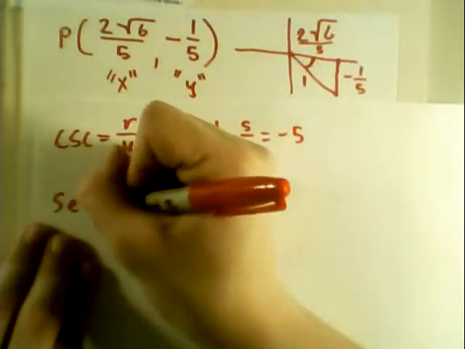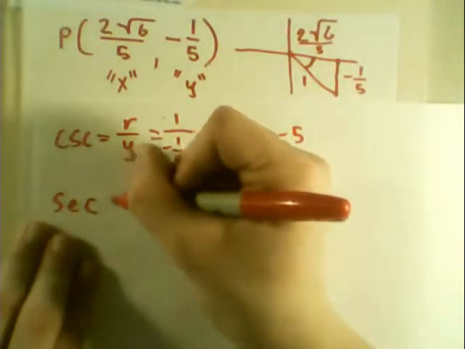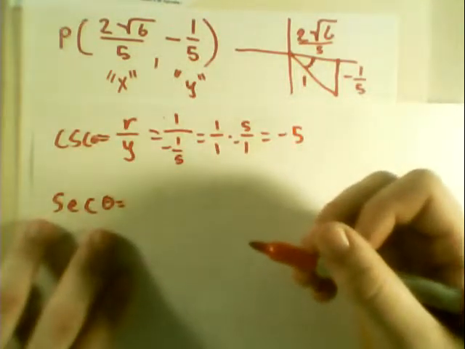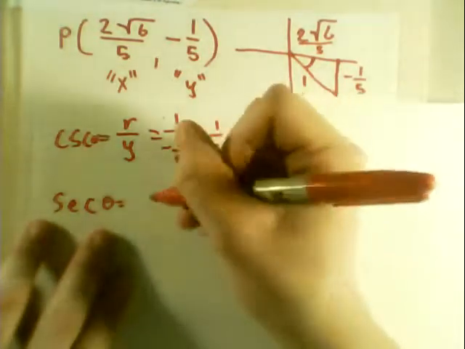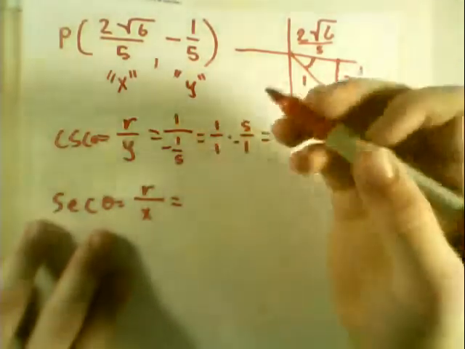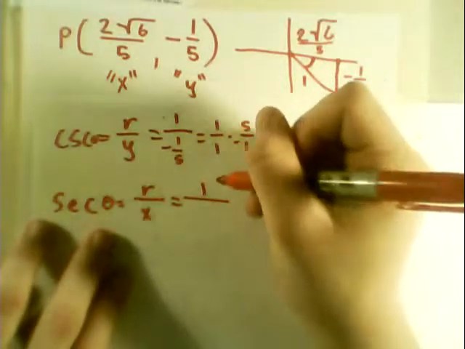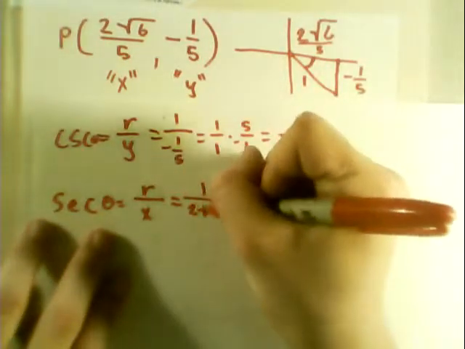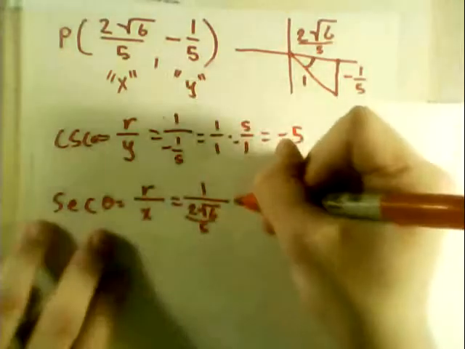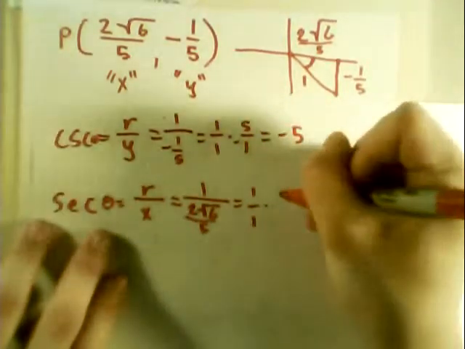Now let's find secant. Secant deals with cosine, so it's r over x. Well, our r was 1, and our x was 2 square root of 6 over 5. So once again, that's going to flip it.